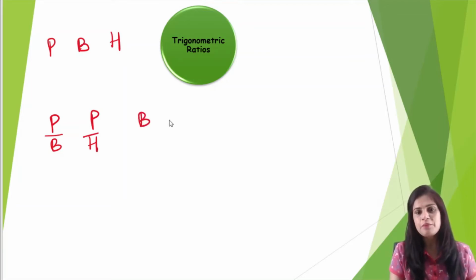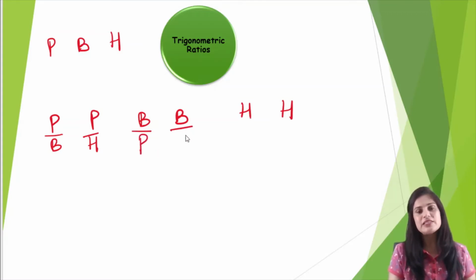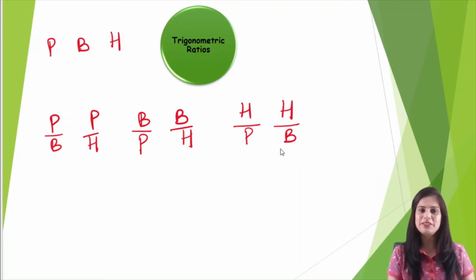Means base two times and hypotenuse two times. Base two times: one time can be taken in ratio with P and second time with hypotenuse. Similarly, H by P and H by B. Isn't it simple? This way we have taken all the ratios in all forms. Nothing is left, right?